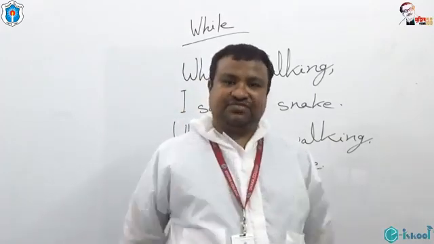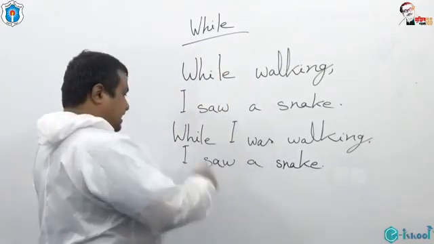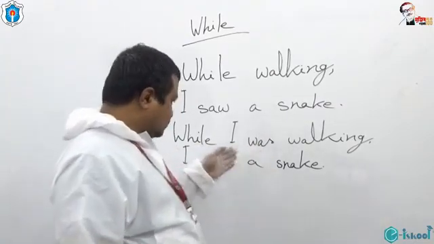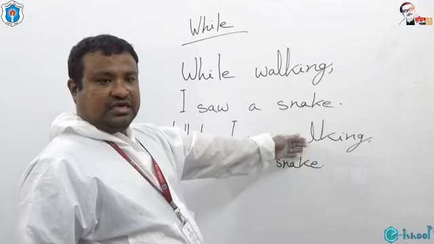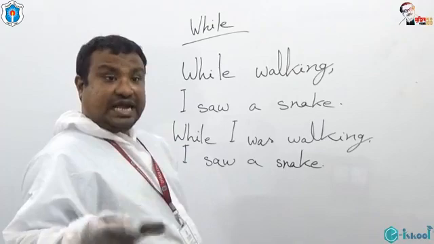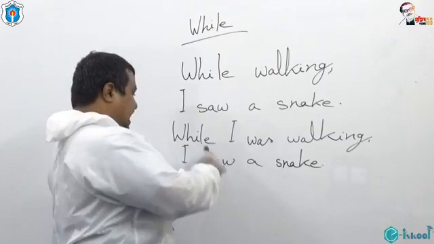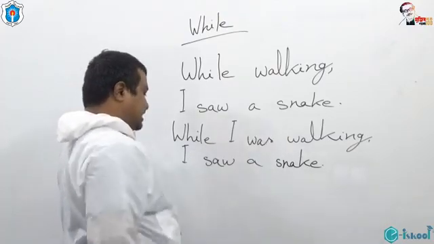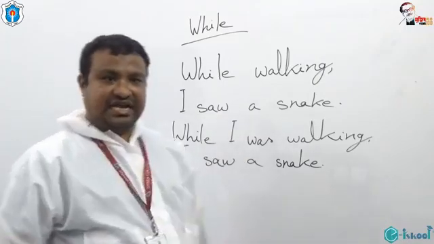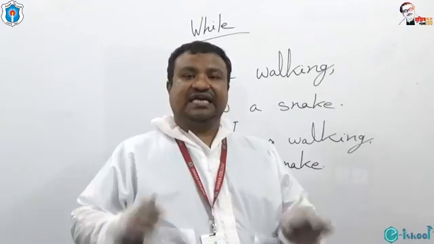That is, that principal verb, the form will be main verb plus ing. But if while is followed by a subject, then it will be a whole sentence, a total clause in past continuous tense. That is, I am saying that while I was walking, I saw a snake. Because we are using past continuous tense here, because while is being followed by a what? By a subject.